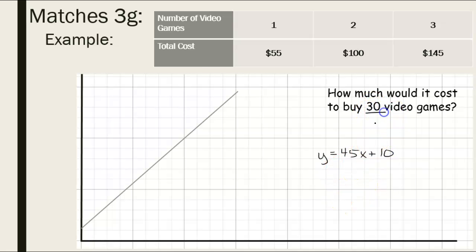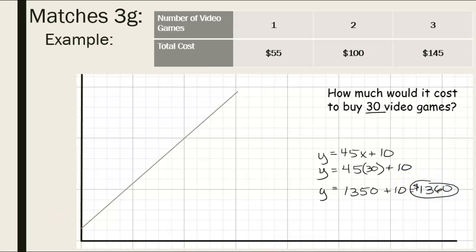So for 30 video games, we have to plug in a 30. So 45 times 30 plus 10. All right, so when we take 45 times 30, we get 1,350 plus an extra 10. So that's $1,360, okay? That would be the cost for 30 video games.